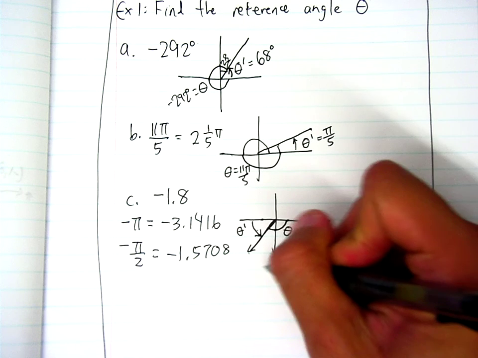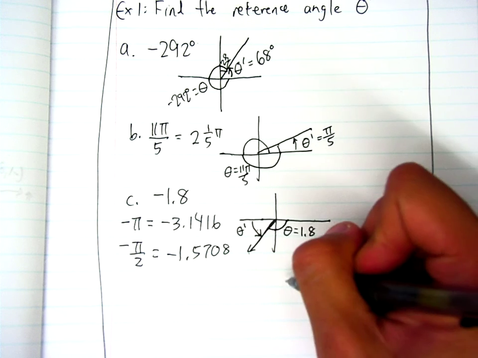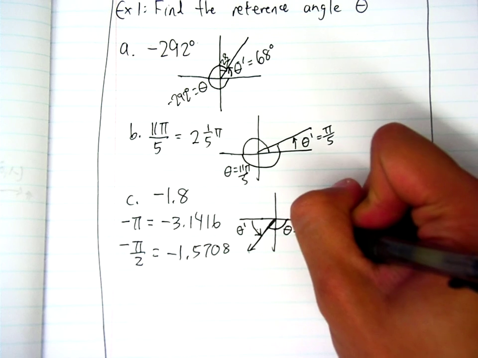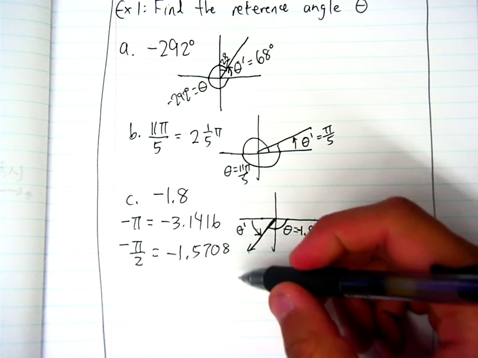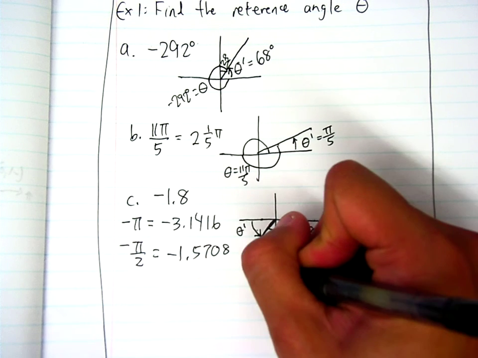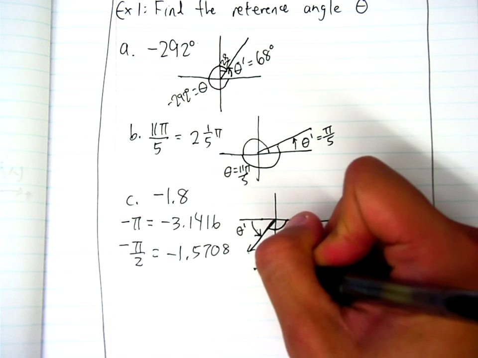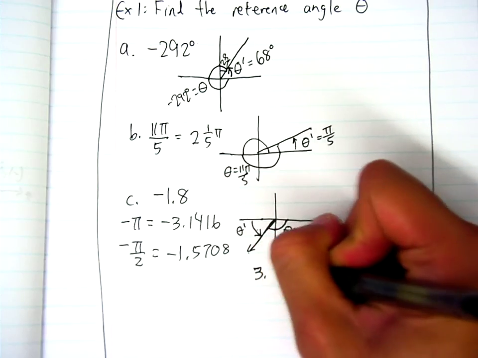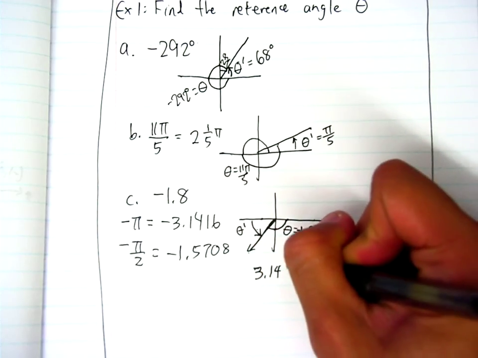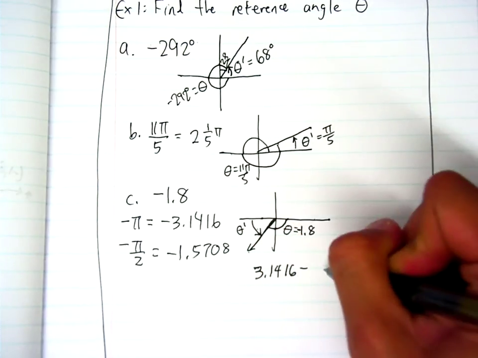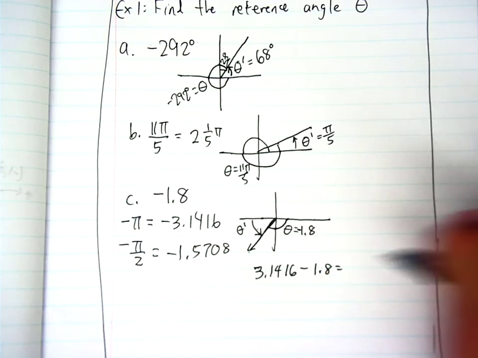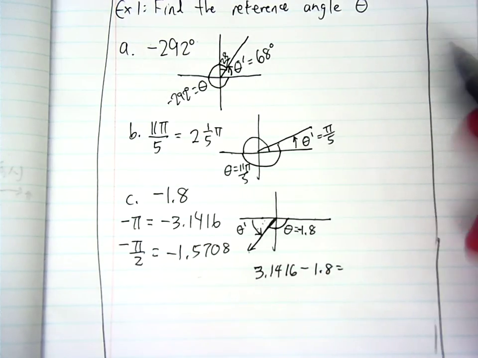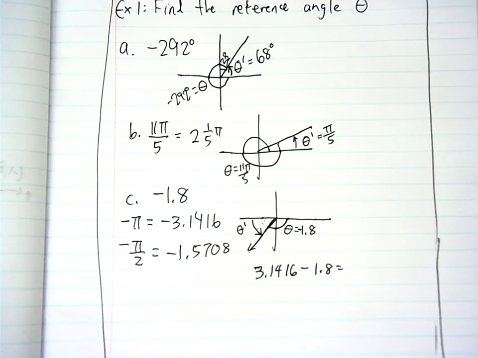So I'll just take the normal 3.1416 and subtract 1.8. I'm not going to worry about negative signs because I just want to figure out what this value is.